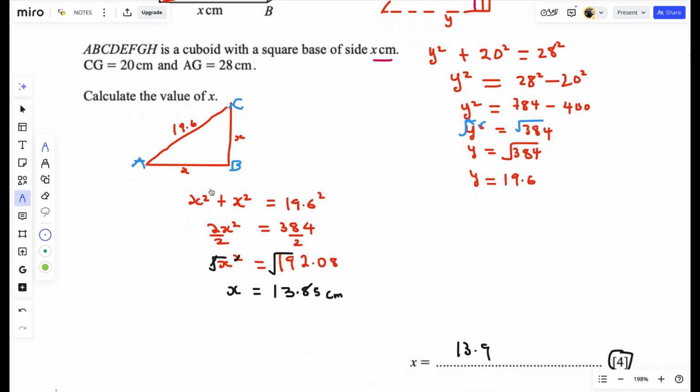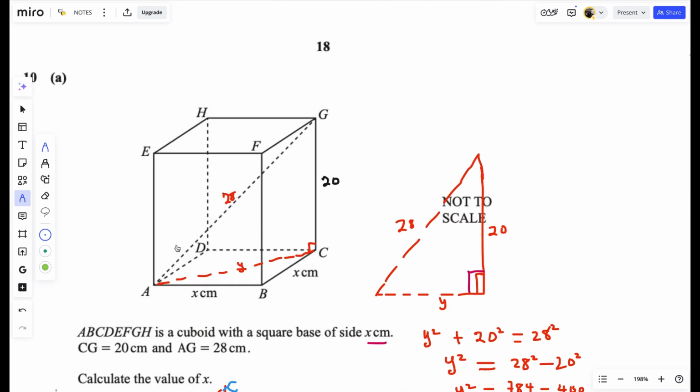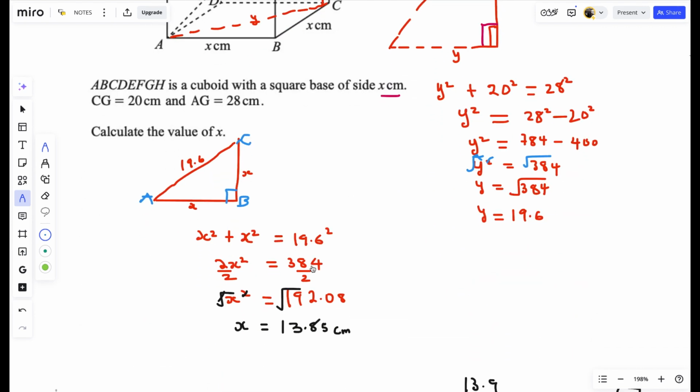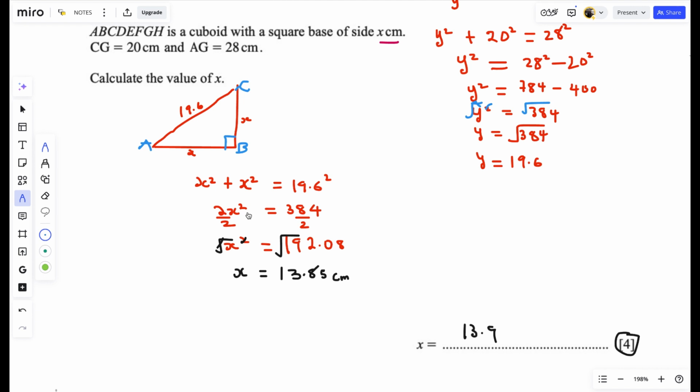So to find this one, it's the same right angle triangle, same Pythagoras theorem. We say X square plus X square equals the hypotenuse, which is this diagonal, squared. So X square plus X square is 2X square, and 2X square equals 384.